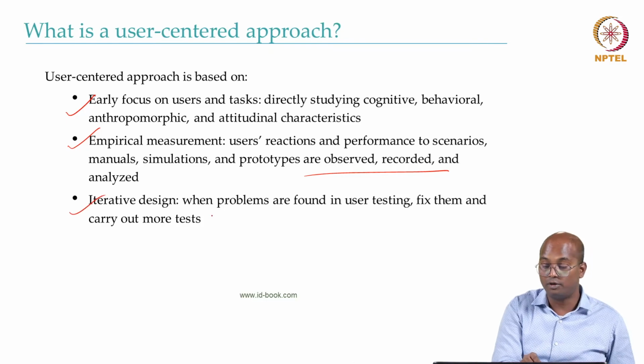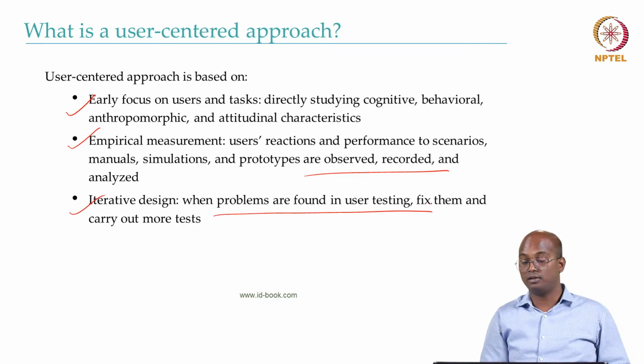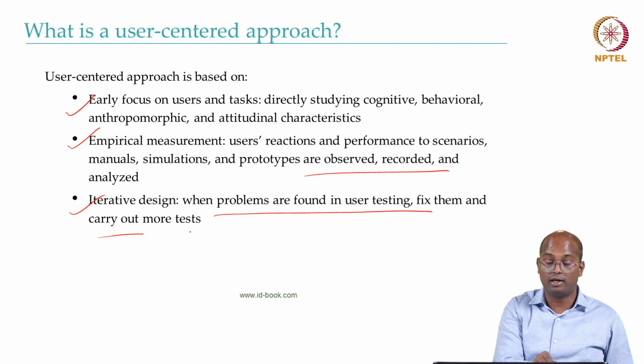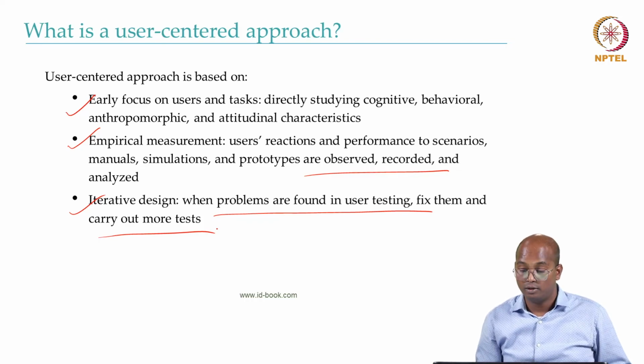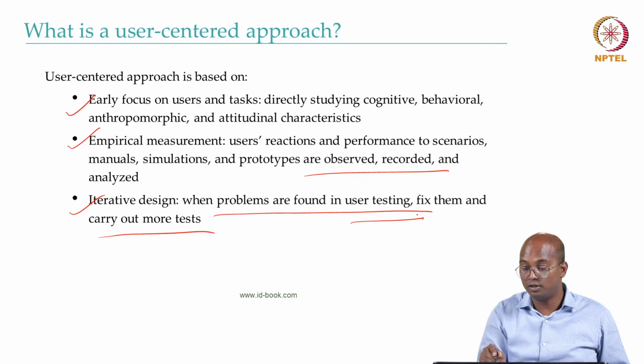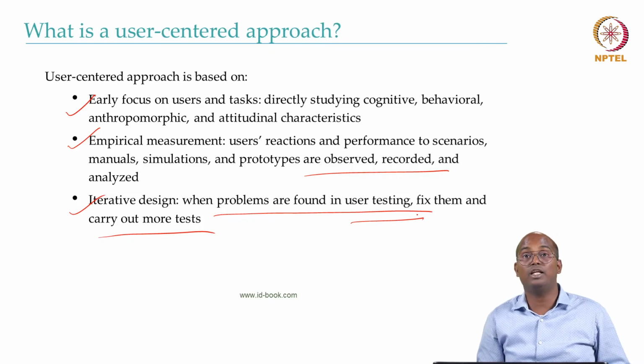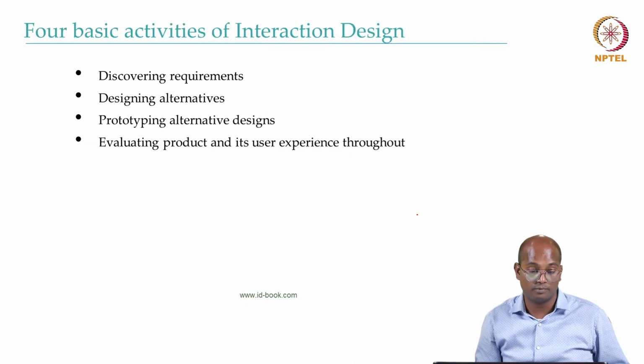And iterative design: when problems are found in user testing, you need to fix them and carry out more tests, because the solution you have given for fixing may lead to some new problems. That's why it requires thorough testing.